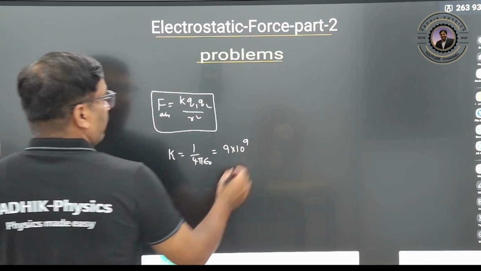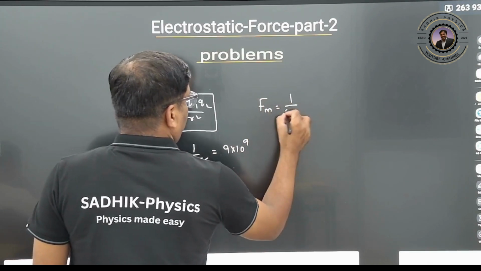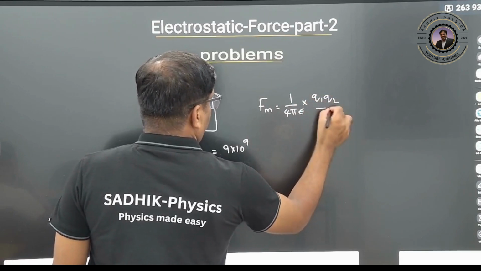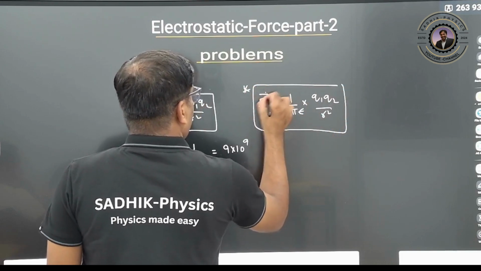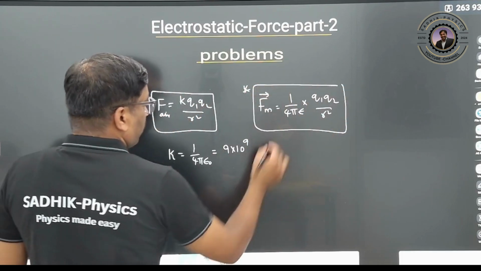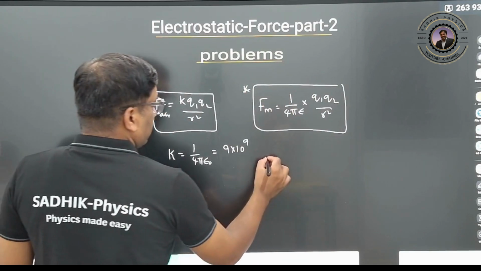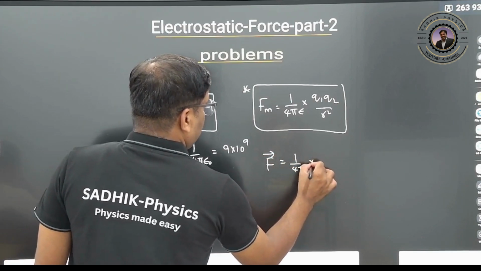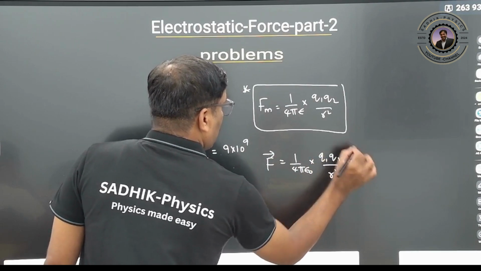Similarly, if they are kept in a medium, you write 1 by 4 pi epsilon into Q1 Q2 by R square. This is the force and it is a vector quantity. In vector form, you can rewrite it as 1 by 4 pi epsilon naught into Q1 Q2 by R square in R cap.